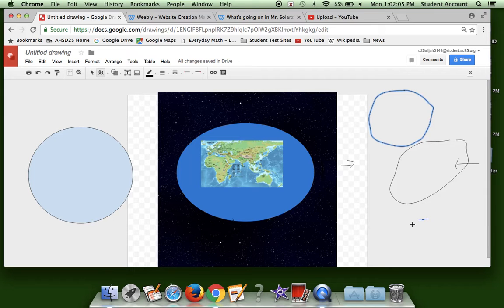You could try this right now. If you're standing like that with your arms down and you keep on spinning around and around, eventually your arms are going to go up, and this is the opposite of gravity.